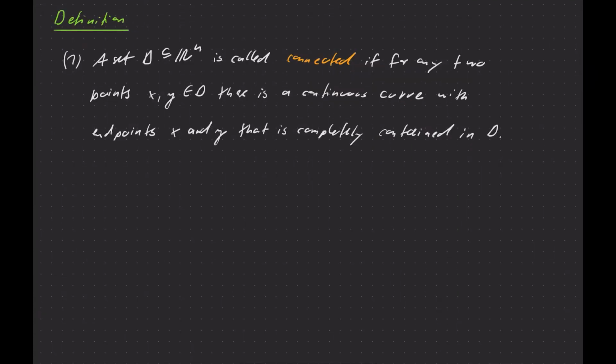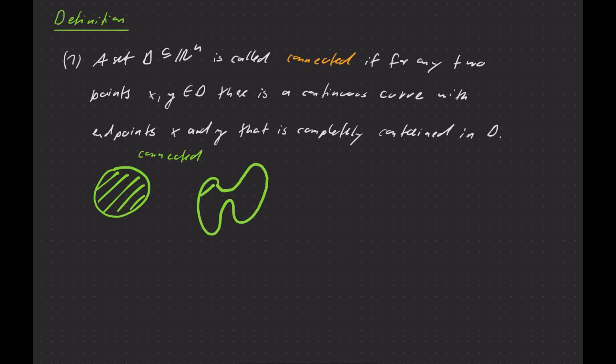So for a quick illustration, for example, any convex set is naturally a connected set. You can even connect any 2 points by a line. So a set like this, that would be connected. But it doesn't have to be convex. For example, you could also take a set like this. That's far from being convex, but it's still connected.